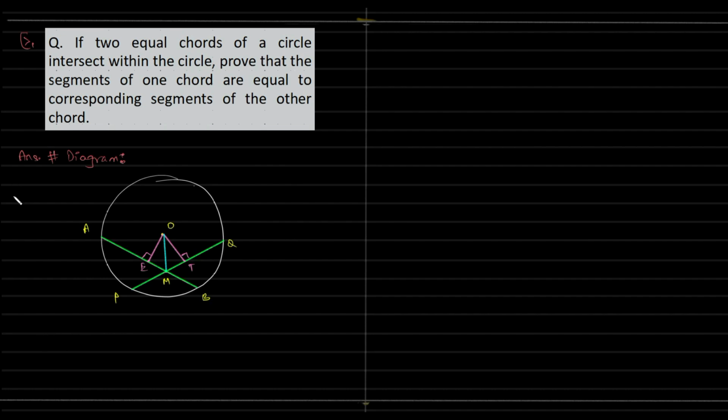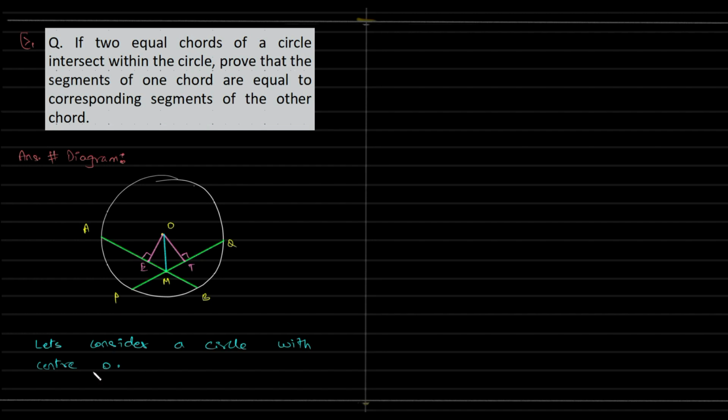Okay, let's begin. Let's consider a circle with center O. Then what do we have?